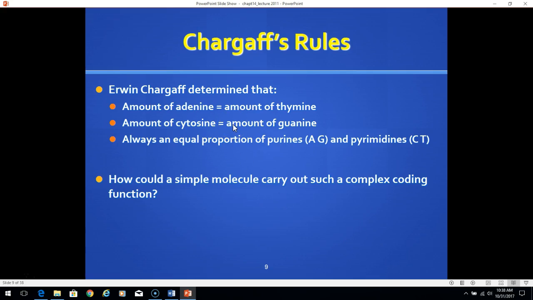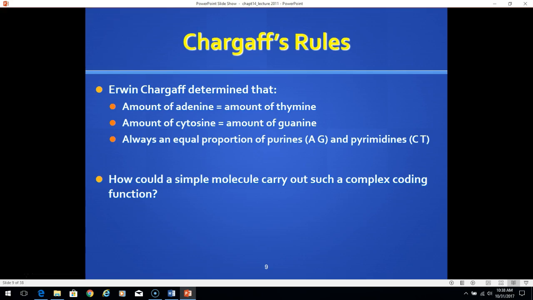Now, Erwin Chargaff gave us some more interesting information, on top of Griffith's experiments and Hershey and Chase's. Chargaff was trying to figure out if there's any correlation between these 4 nucleotides. And what he was able to learn is something that we already discussed, which is adenines bind to thymines, and cytosines bind to guanines.